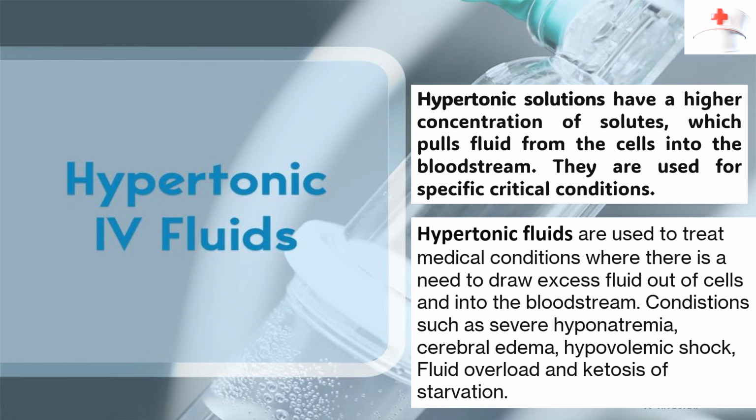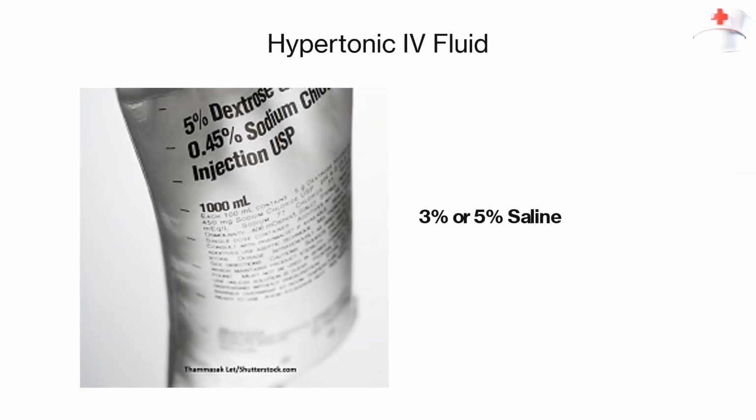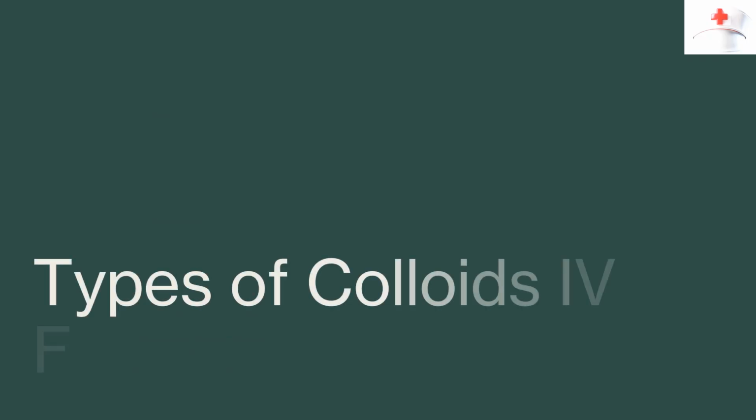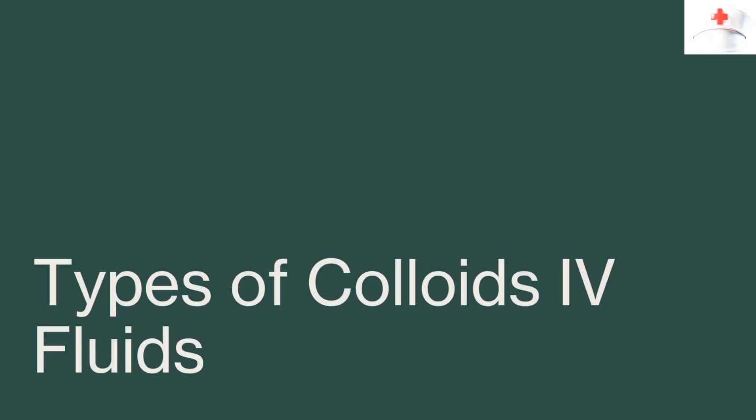Conditions such as severe hyponatremia, cerebral edema, hypovolemic shock, fluid overload, and ketosis of starvation. One example of the hypertonic IV fluids is the 3% or 5% saline, used to treat severe hyponatremia, low sodium, and reduce cerebral edema.